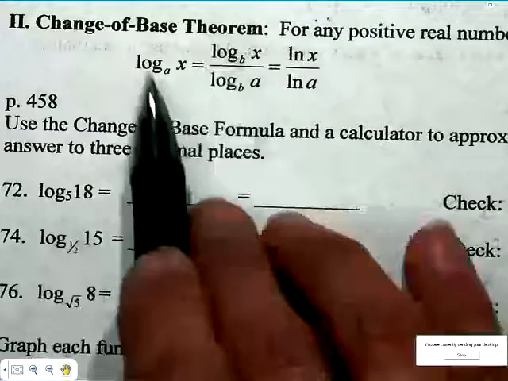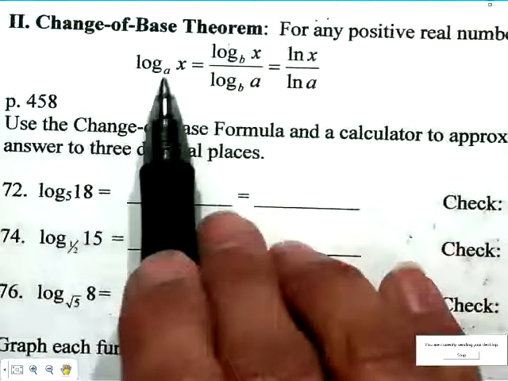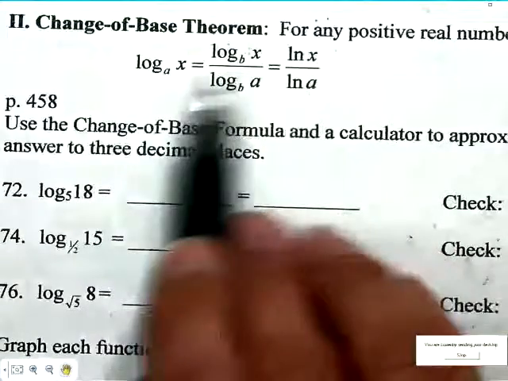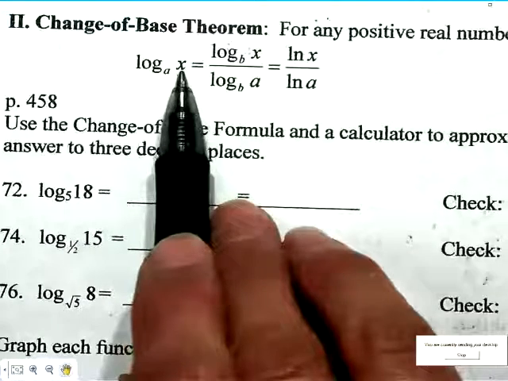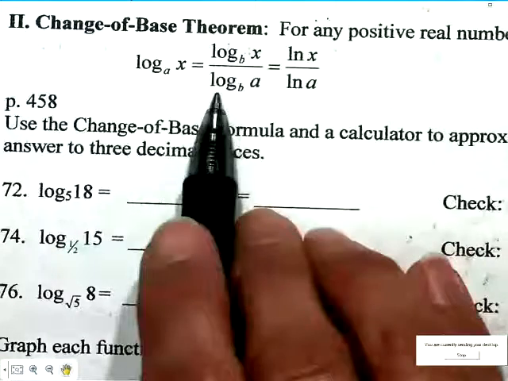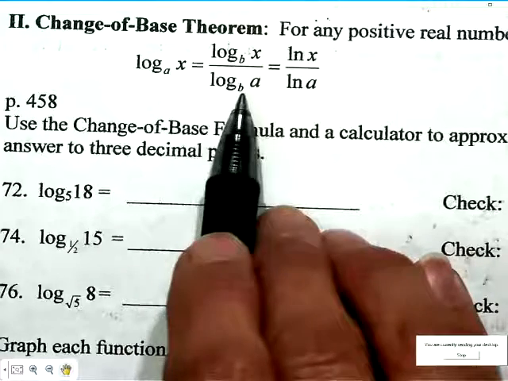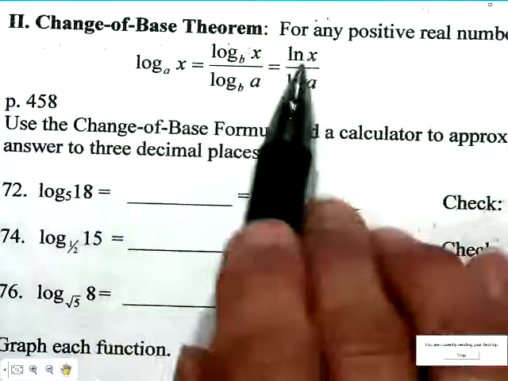The change of base theorem gives us a way to change other bases to bases that we have on the calculator. Log base a of x can be changed to any other base: log base something else of x divided by log base something else of a. We usually just change other base logarithms to natural logarithms.